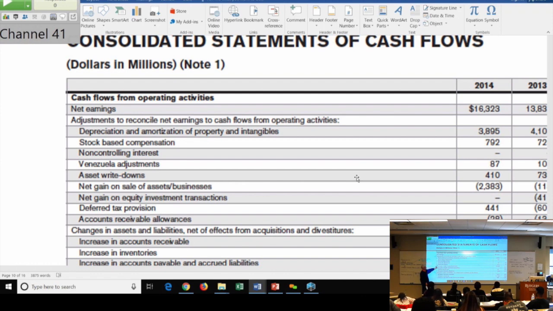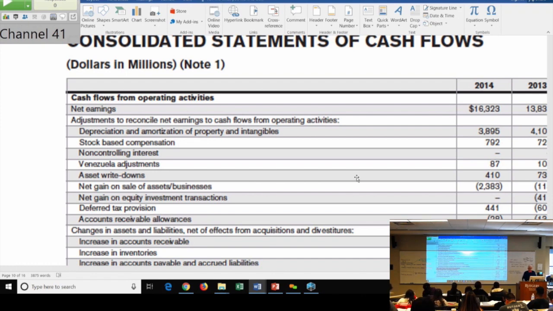Doesn't use cash. Add that back. You have other gains here that may not have used cash. The bad debt expense, let's go down here, accounts receivable allowances. Depending on the change, it could be an increase or decrease, but the bad debt expense, the allowance for bad debts, is not a cash event. So these are the adjustments that you make.